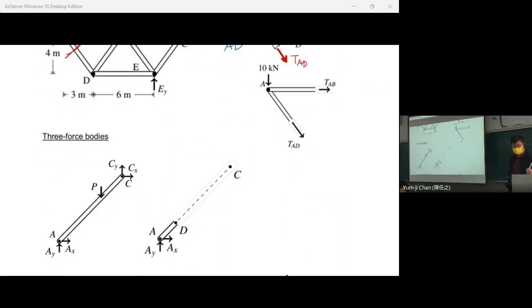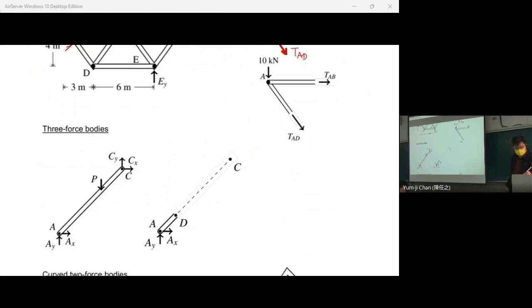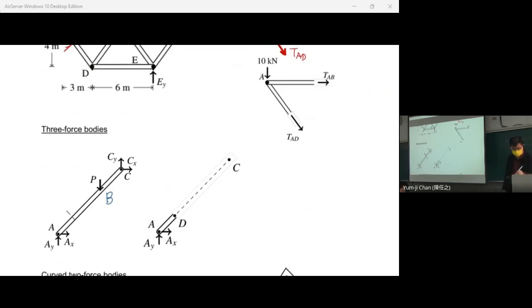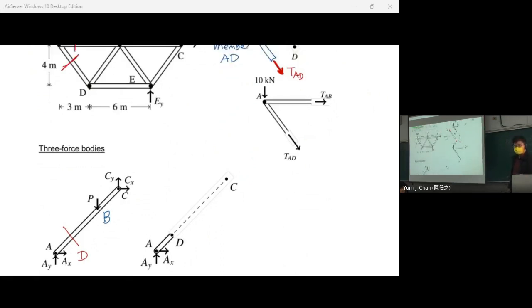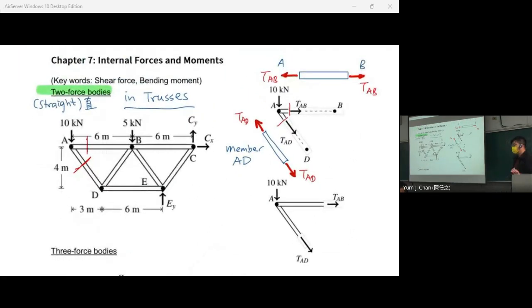Free force body ABC, A, B, and C. And we cut it off at D, okay? ABC is a free force body. I'm sorry, let's go back. Do you want to copy this? I'll give you some time.